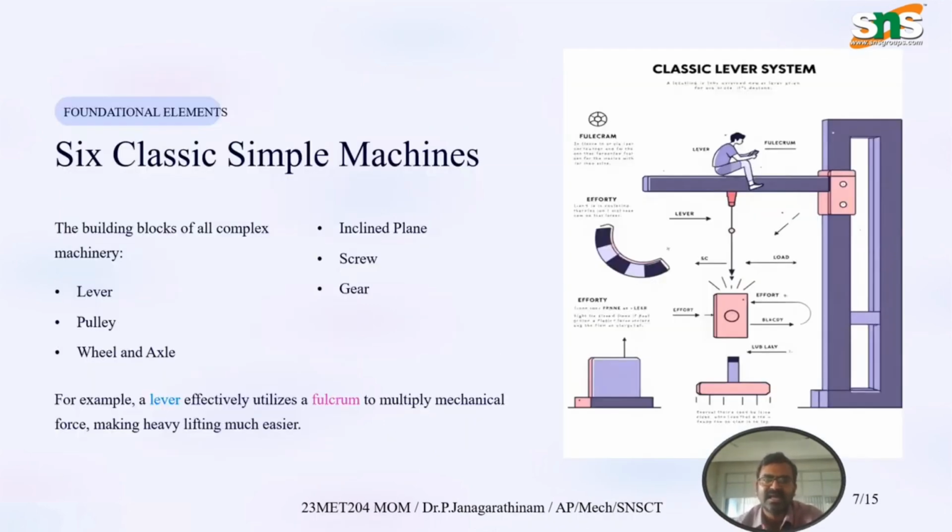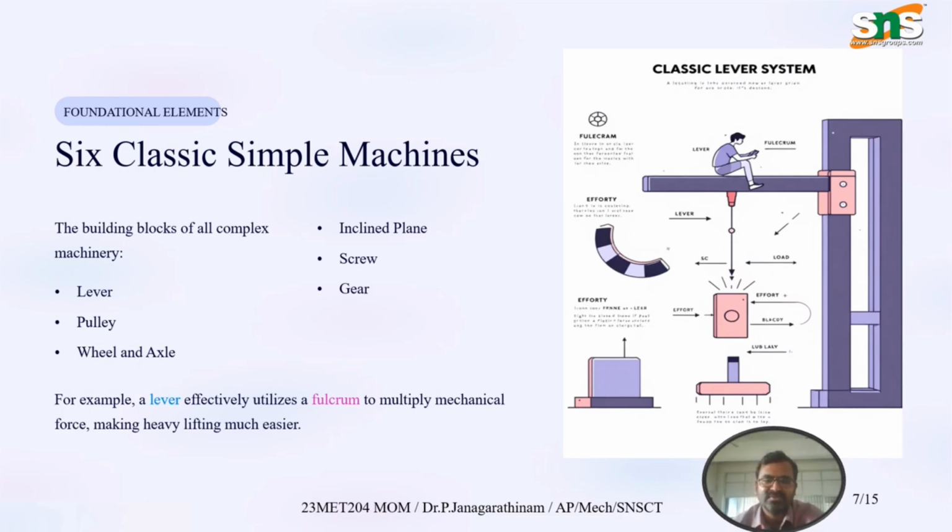There are six classic examples of simple machines: lever, pulley, wheel and axle, inclined plane, screw, and gear. These are all simple classic machines that can be used to transfer energy or transmit power from one form of energy into another.